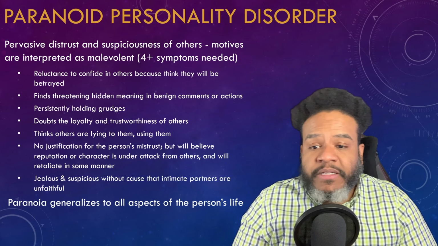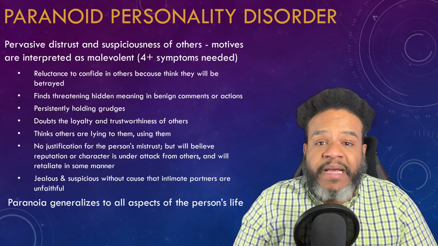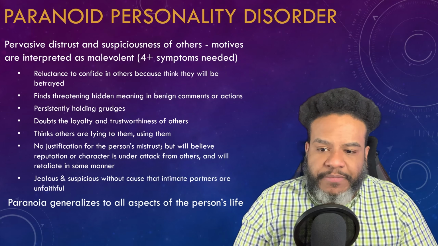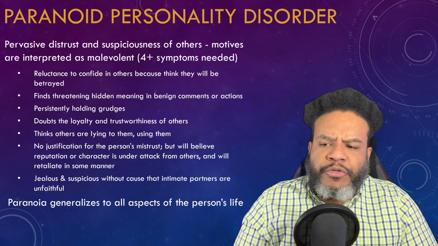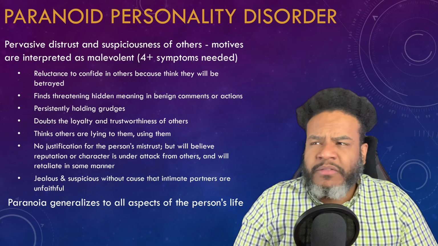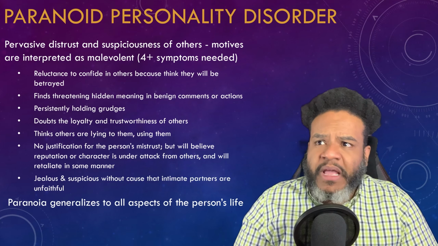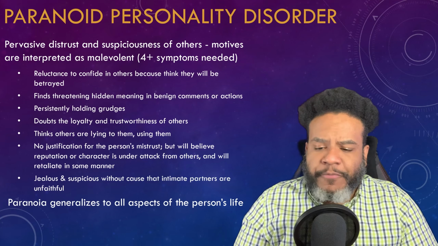Paranoid personality disorder is going to be pervasive distrust and suspicion of other people. This means that the individual perceives the motives of others as being malevolent. You're going to need 4 more of the symptoms on the list. An individual with paranoid personality disorder might be hostile, stubborn, sarcastic, have an excessive need to be self-sufficient, a strong sense of autonomy because they don't want to rely on other people.